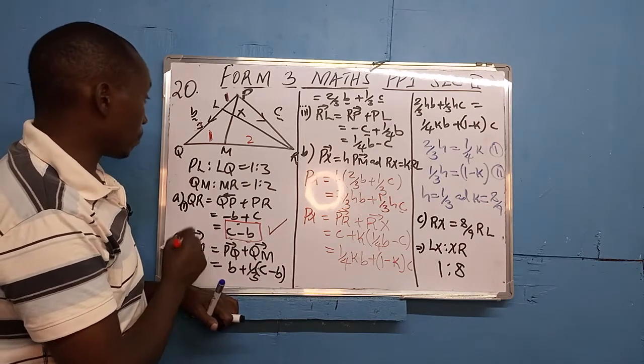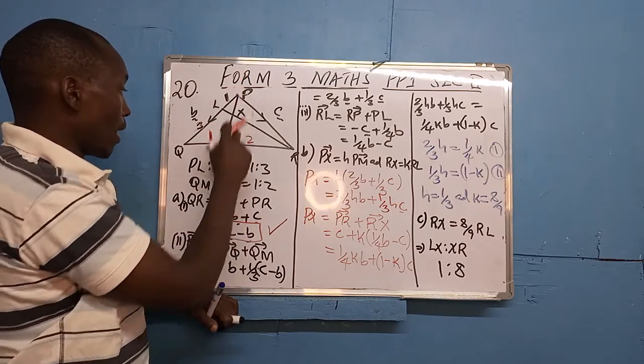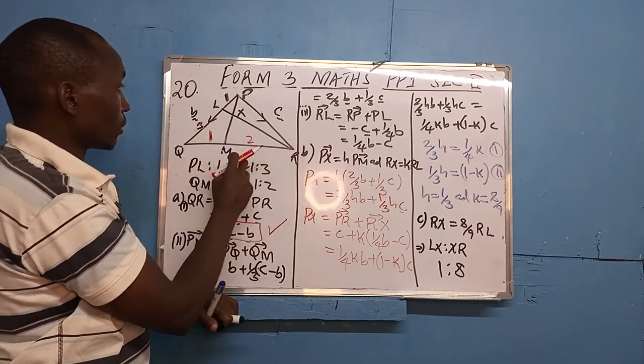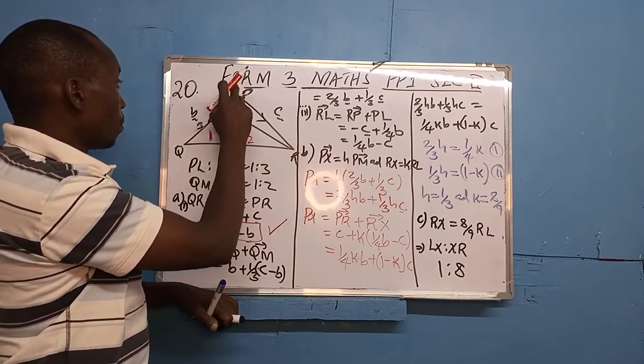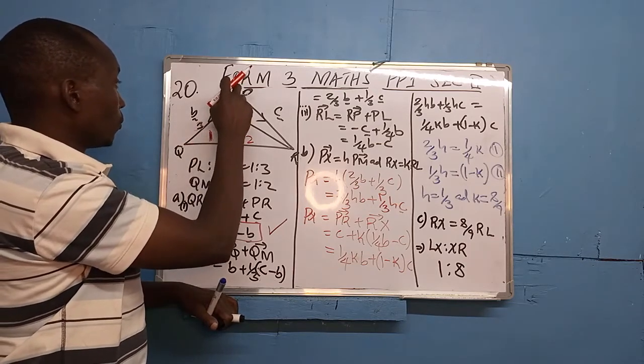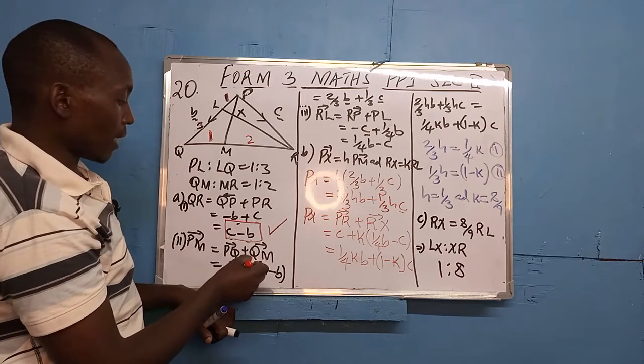Then vector PM. Remember, vector PM can be obtained either by going this way or this route. I prefer to go PQ plus QM. I know PQ is B, so it is B plus a third.